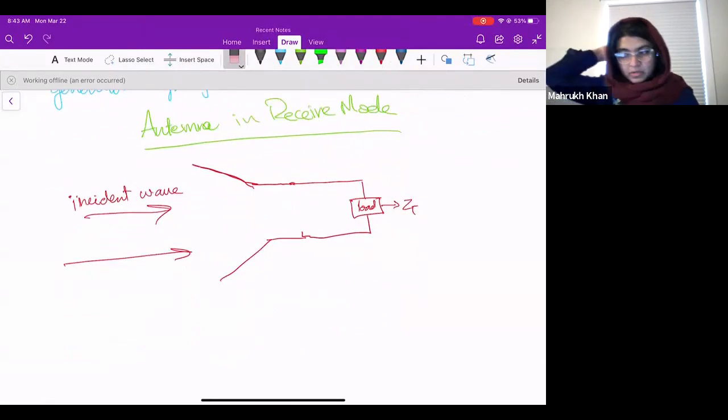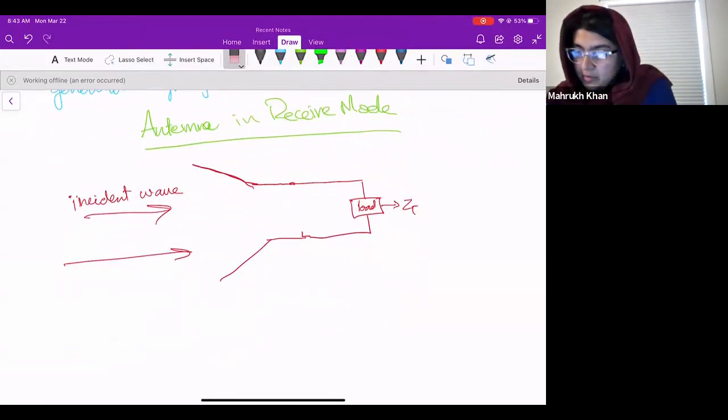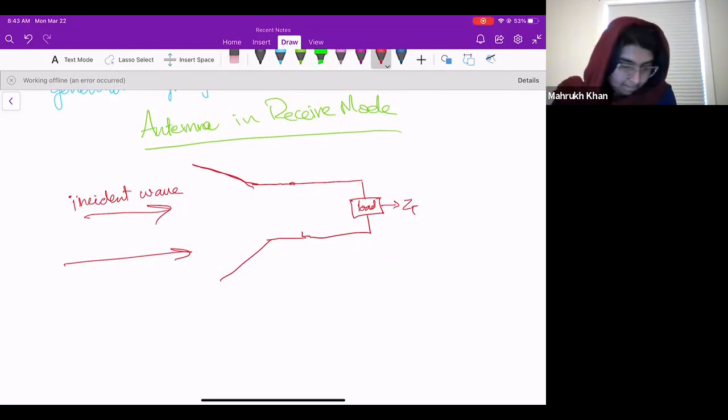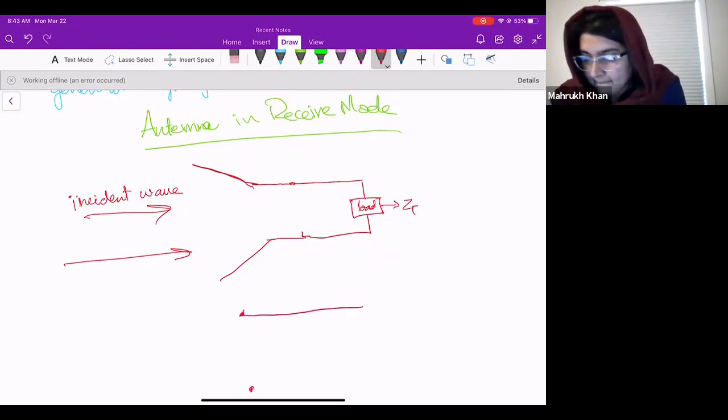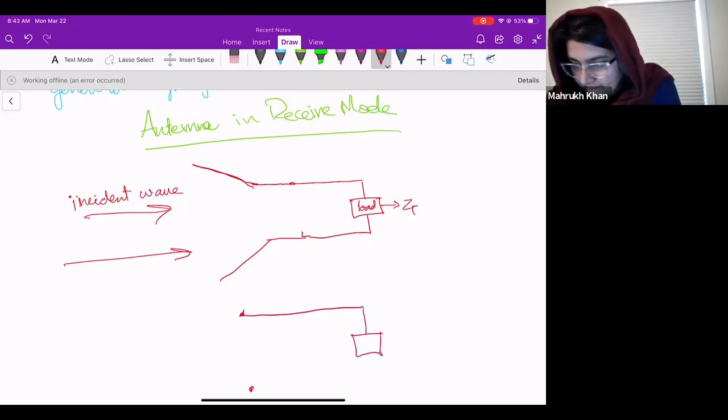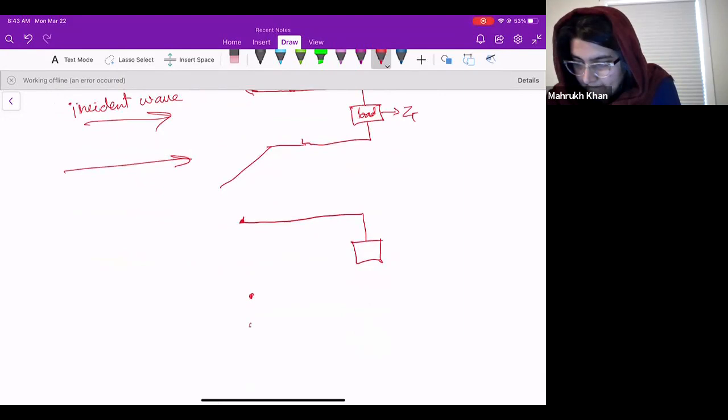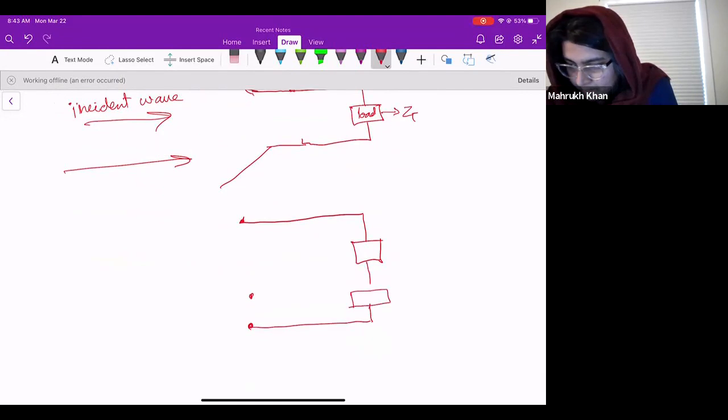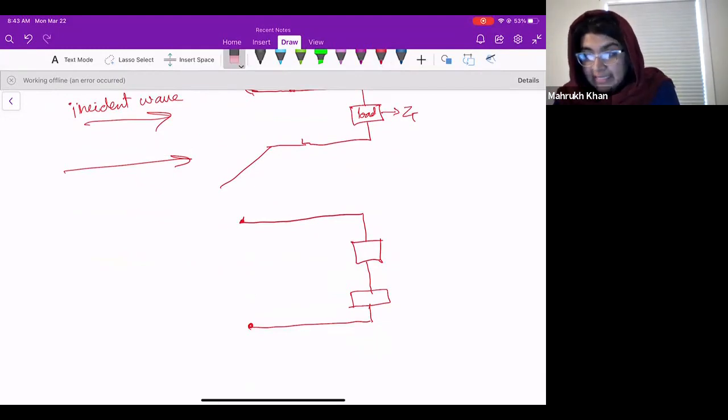Okay. So now in this scenario, if I build an equivalent circuit, there are two types of impedance I have, which are related to ZT, that is RT and XT.